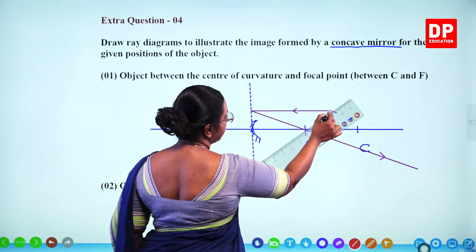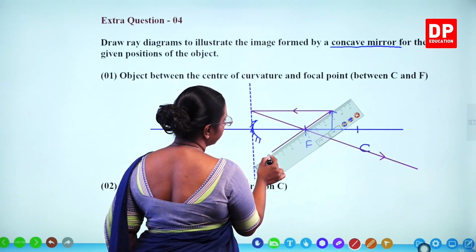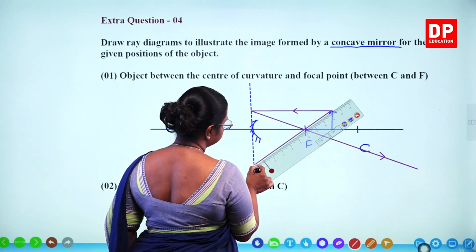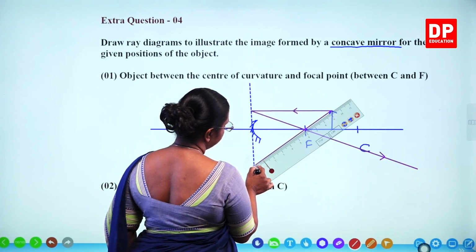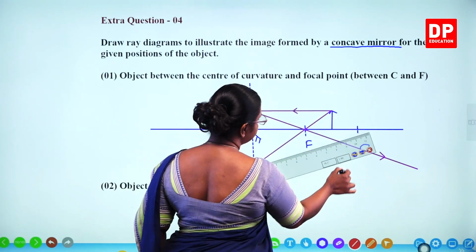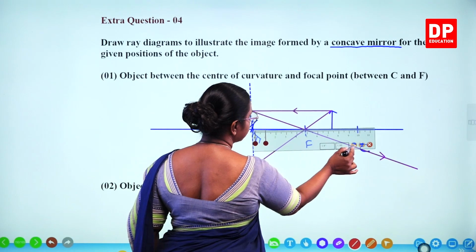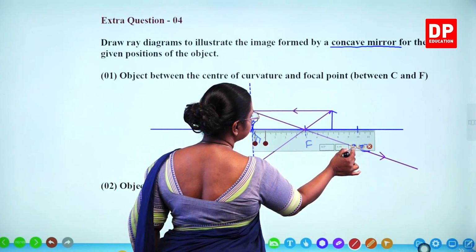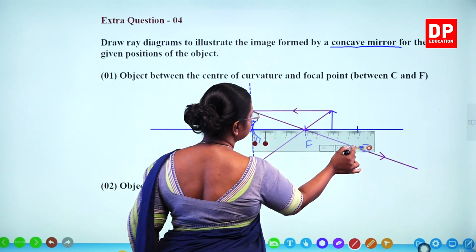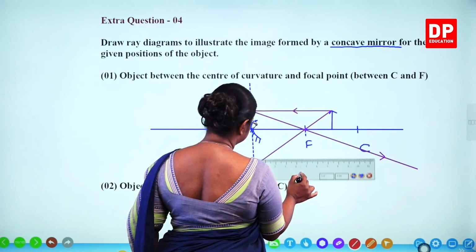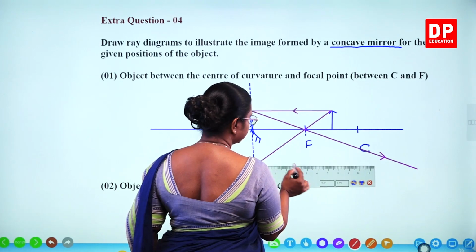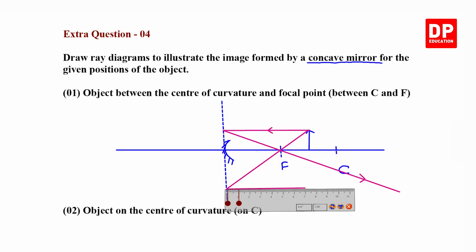So if it is coming through the focal point, it will come to this point, and then it has to reflect parallel to the principal axis.